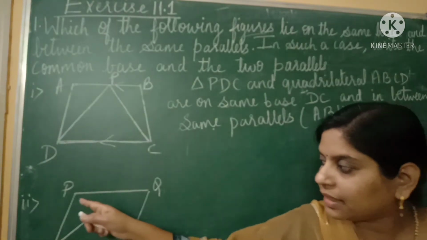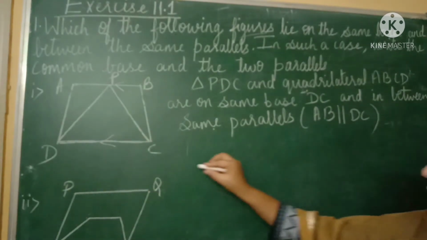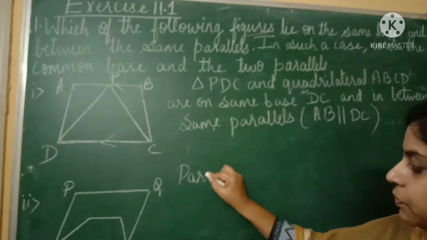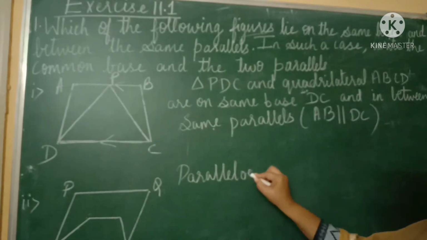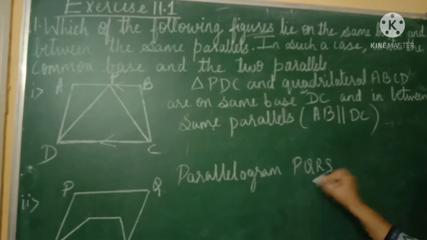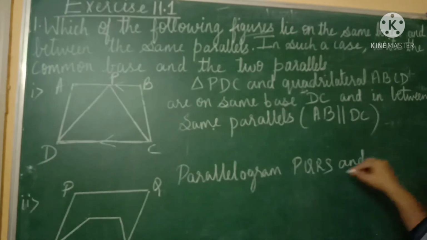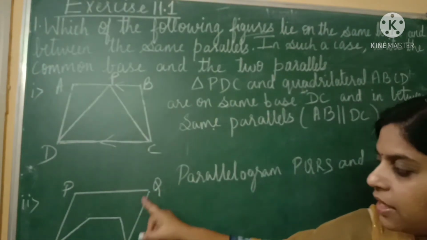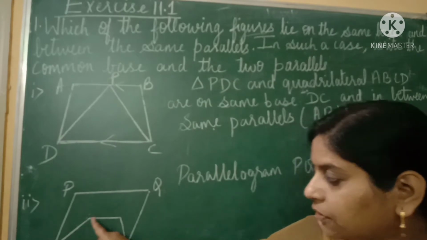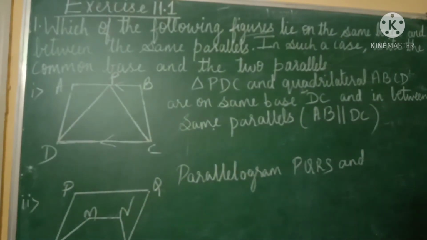So first taking the parallelogram PQRS, this four-sided figure is a parallelogram, and here this four-sided figure MNSR is a trapezium.